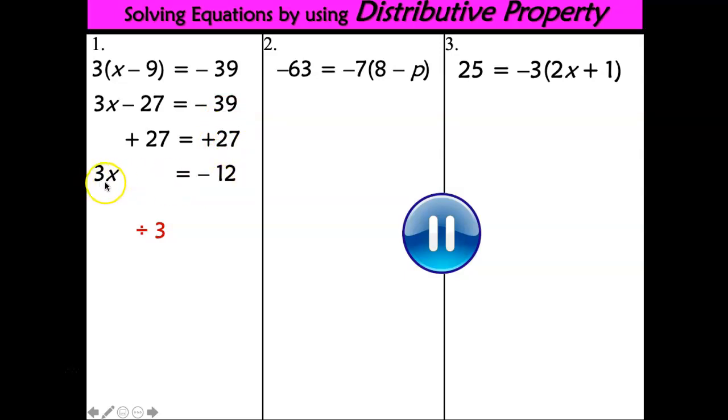This is 3 times x. The opposite is divide by 3. So 3 divided by 3 is 1x. And -12 divided by 3 is -4. So 1x is equal to negative 4. We do not need to write the 1. Okay, at this point, that is our last example.